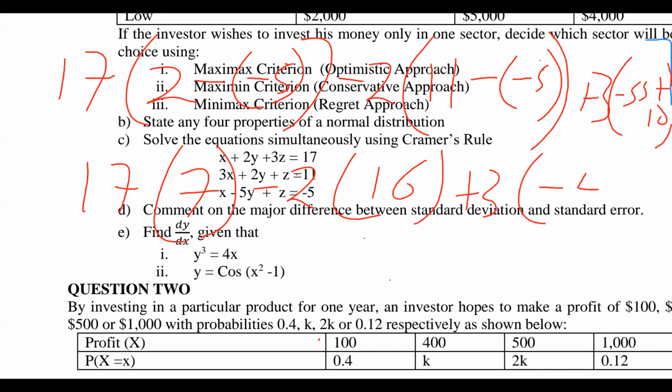Yes, negative 45. And you can do 17 times 7, 119. Negative 2 times 16 is negative 32. Okay. 3 times negative 45.